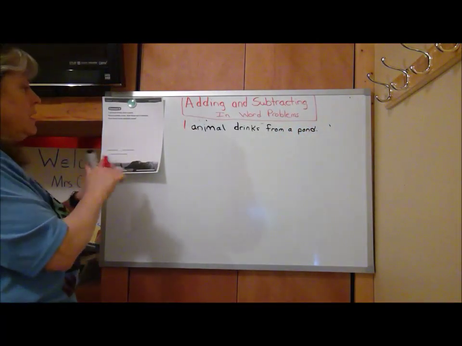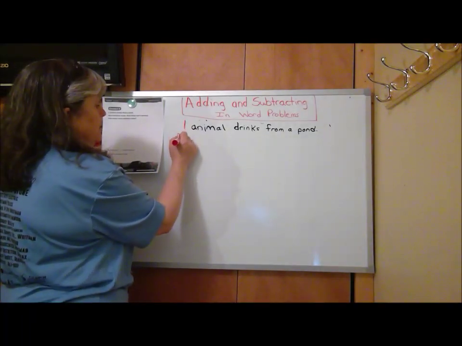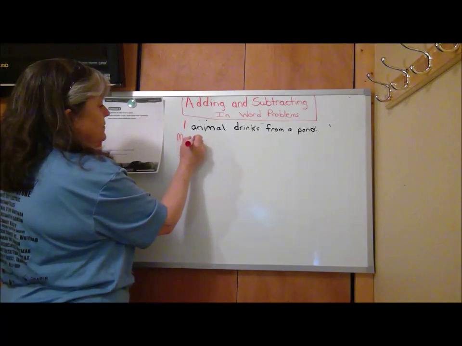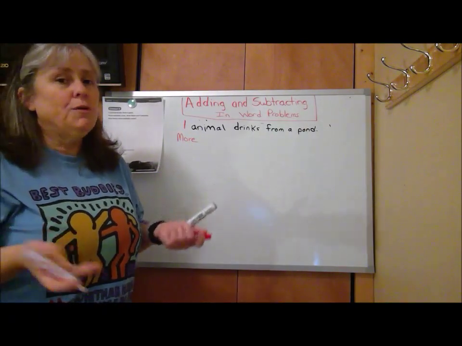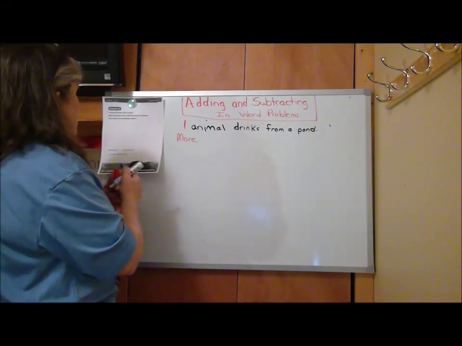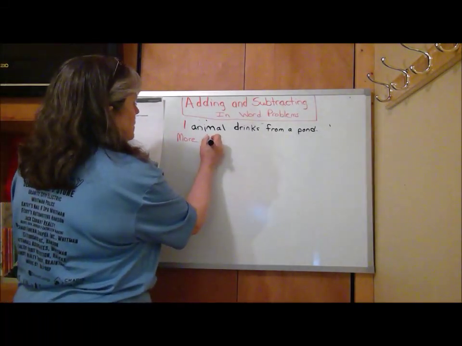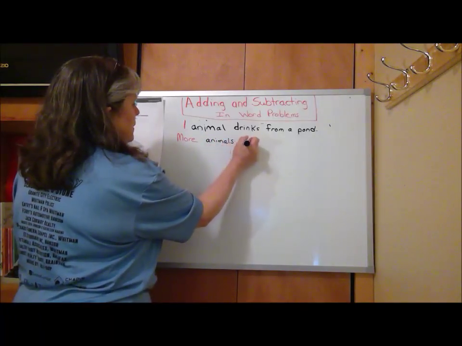More animals come. So this isn't a number. I usually do my numbers in red, but it kind of stands for a number. If it says more, do we know how many? No, we know some or more. More animals come.